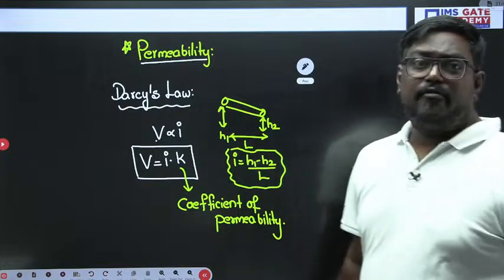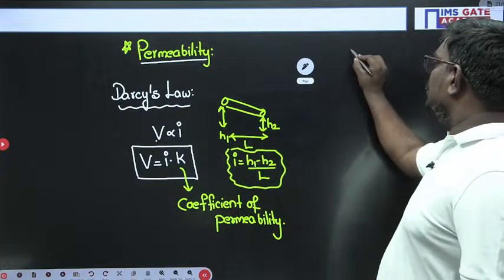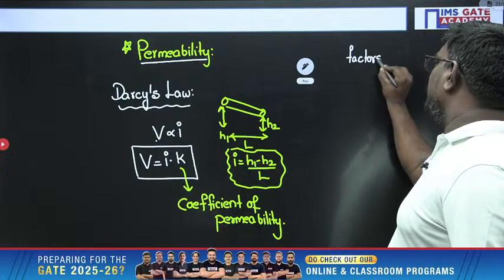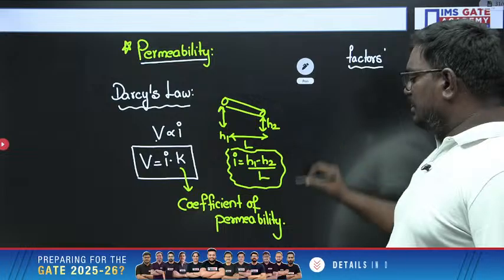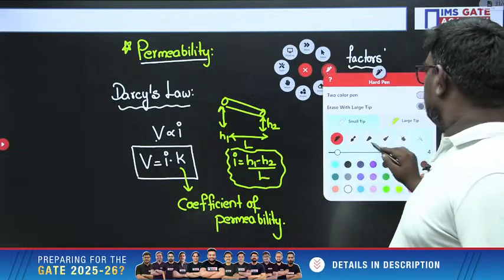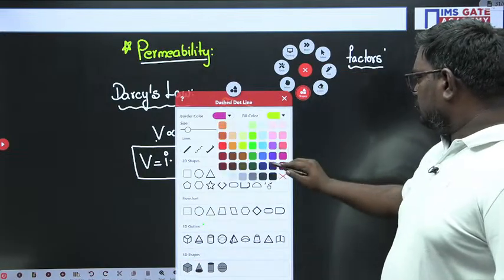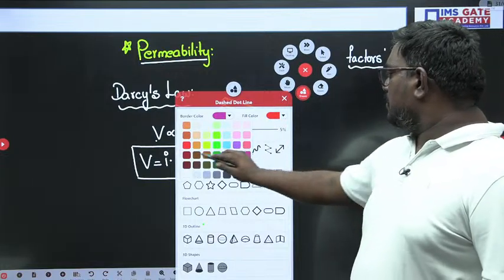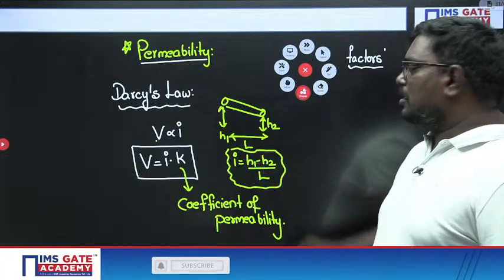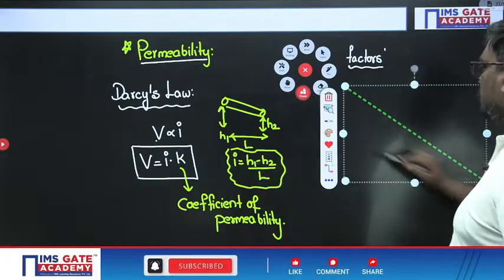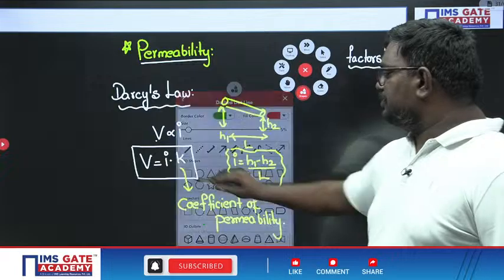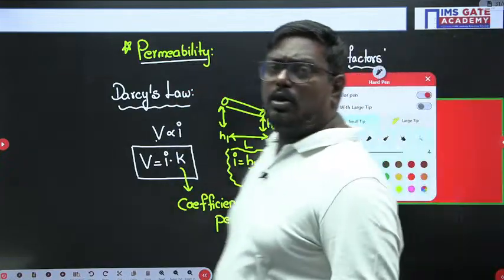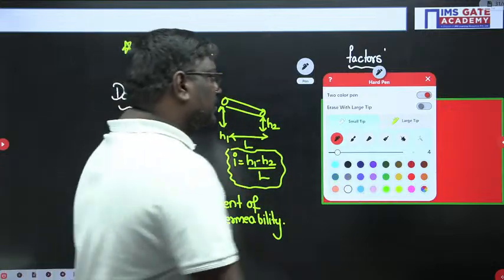Now, what are the factors affecting permeability? For the factors affecting permeability, my dear students, if you can remember this formula, then all the factors affecting permeability can be clear.